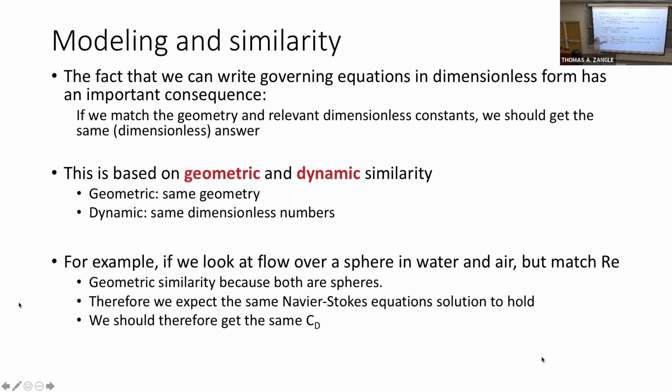In this case, we're looking at drag around the sphere. As long as we match the shape, then in these two hypothetical experiments, one water, one air, we would end up with the same coefficient of drag.